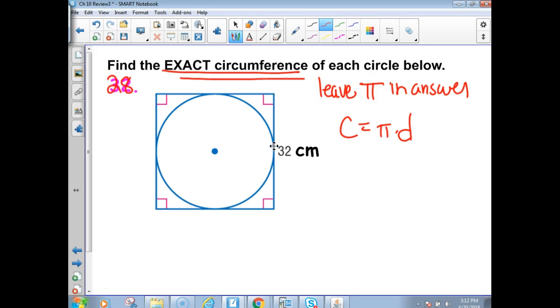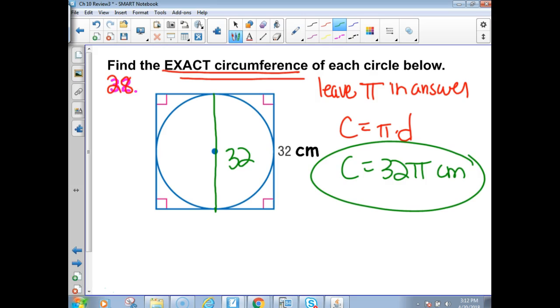So we need to just find out the diameter, and that would be 32. So it's just 32 pi, and then you put centimeters on it. And you put the pi after the 32. It's not really wrong to have pi times 32, but that's what it's going to look like, in particular if it's multiple choice.